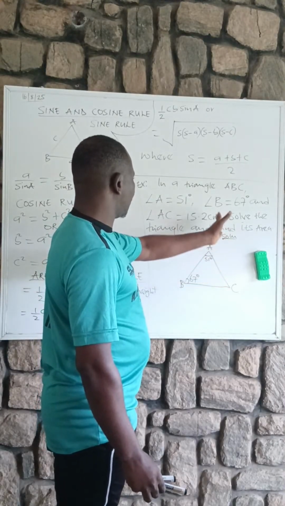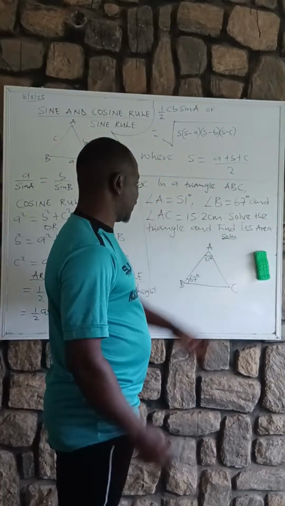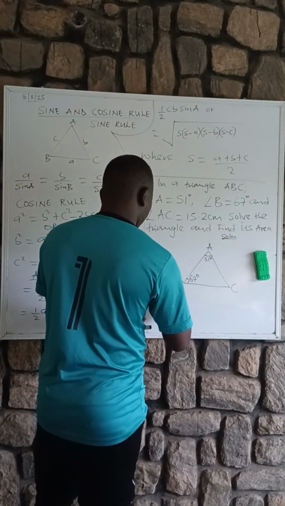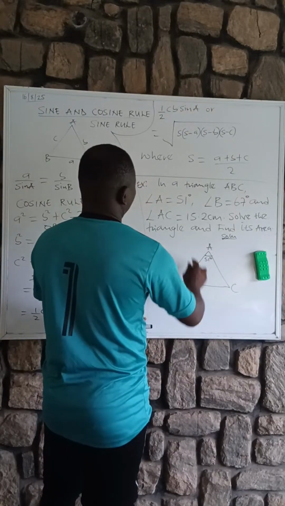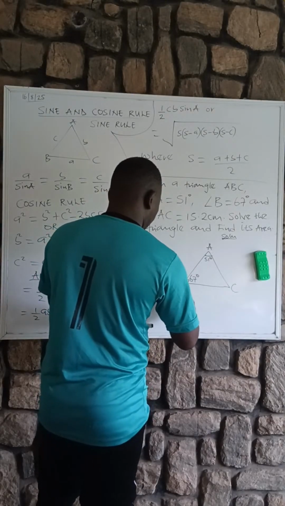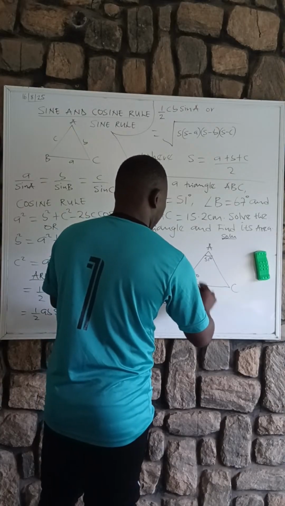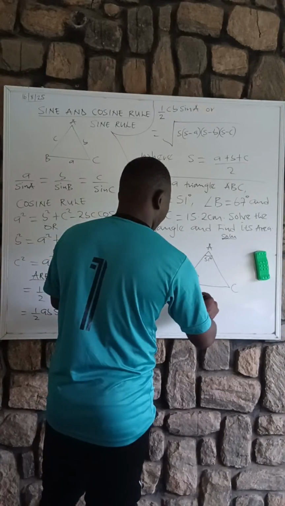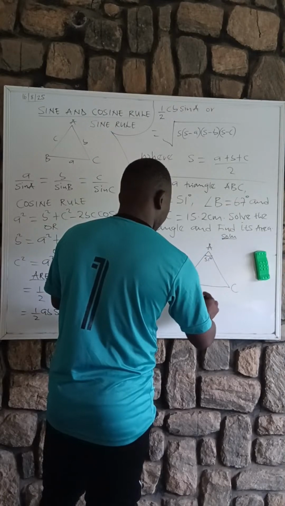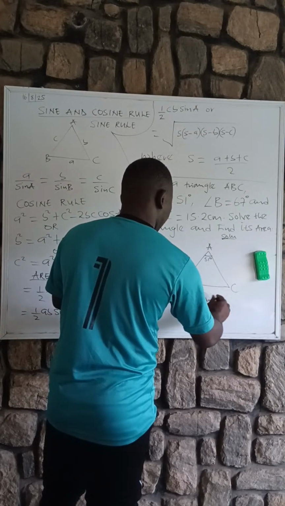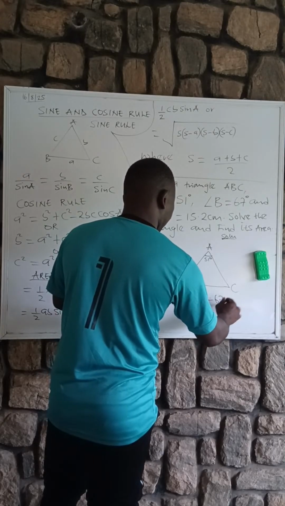For us to obtain angle C, C will be equal to 180 minus angle A, that is 51 degrees, minus 67.